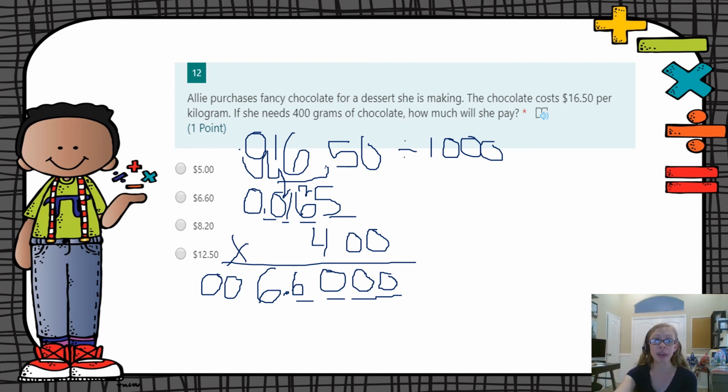Now that I have my decimal point in the right spot, I can cut off my money value at 2 decimal places, and I can get rid of these extra zeros at the front and the back. I don't need them. I can see that Allie is going to pay $6. Oh, crazy penmanship, Mrs. Baxter. $6.60 for her chocolate.